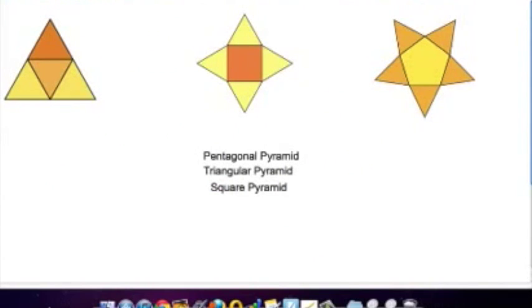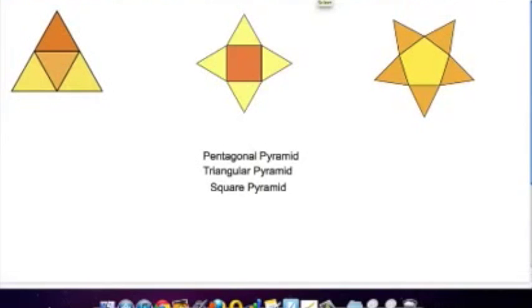Next thing we're going to do is focus on the nets. Now the net of a pyramid is actually kind of fun because it's pretty much based on the center value or the base of a pyramid, and then you just have different types of triangles that fan out from that base.